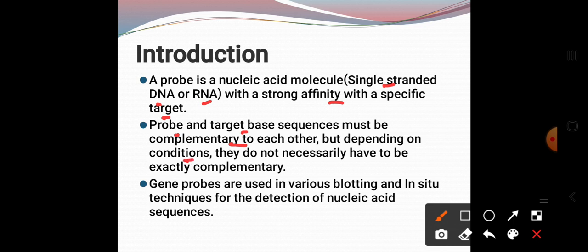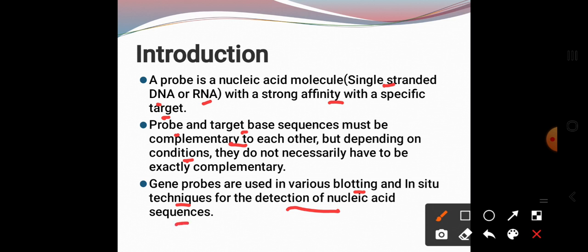In some cases if they are not exactly complementary, they would be neglected. Gene probes are usually used in various blotting methods or in the in situ hybridization technique for the detection of nucleic acid sequences.